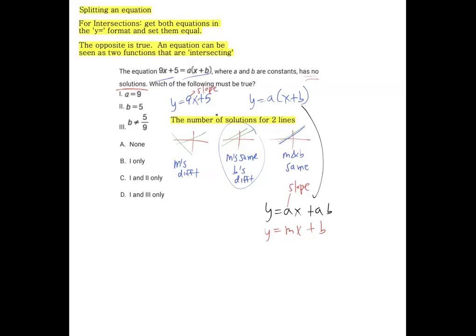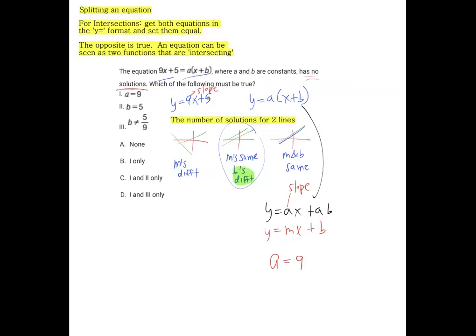So according to the rules for the number of solutions for two lines, if the slopes need to be the same, then a and 9 have to be equal to each other. So we just showed why a has to be equal to 9. But in addition to the slopes being the same, the y-intercepts must be different. And what are our y-intercepts?